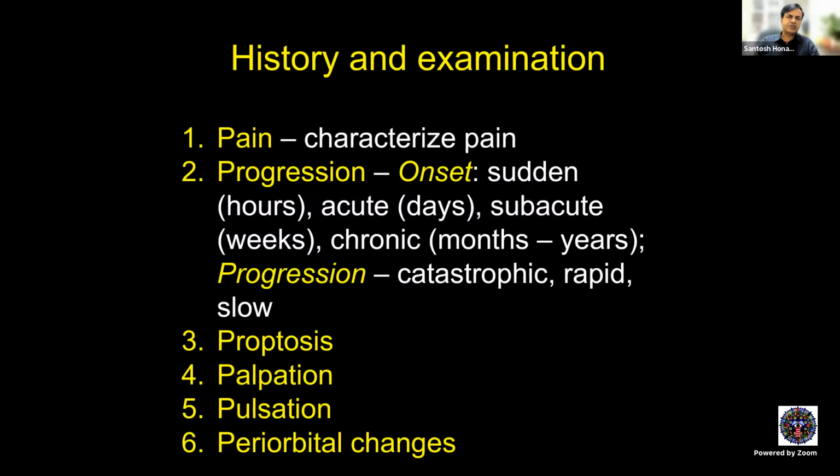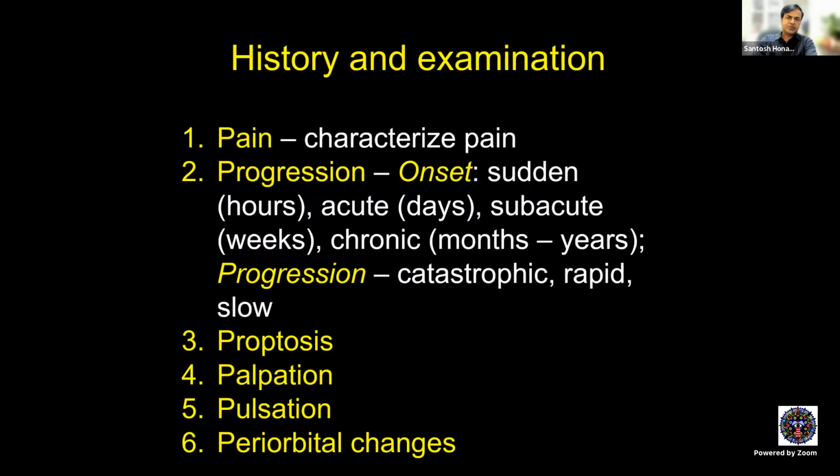Subacute, in terms of weeks, could be either infection of chronic etiology such as tuberculosis, or it could be neoplasia, or it could even be inflammation. So everything comes as a differential diagnosis in subacute. Chronic is generally benign neoplasia and indolent inflammations.